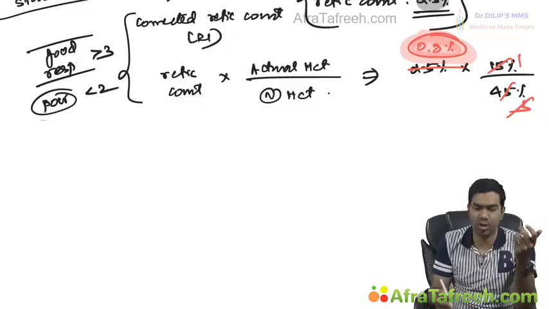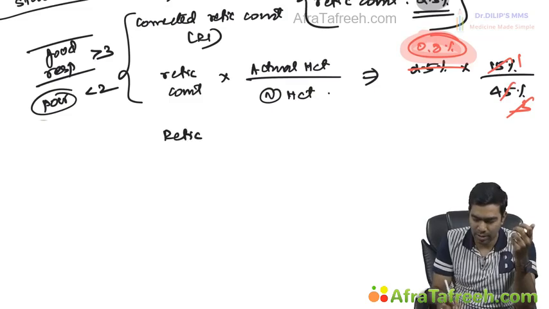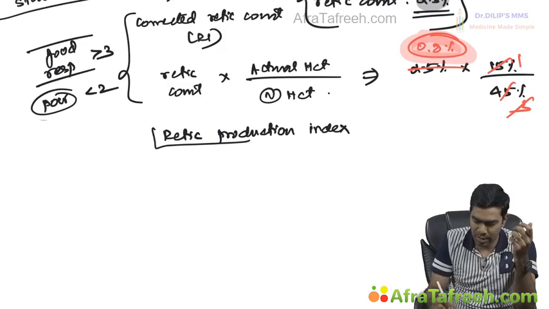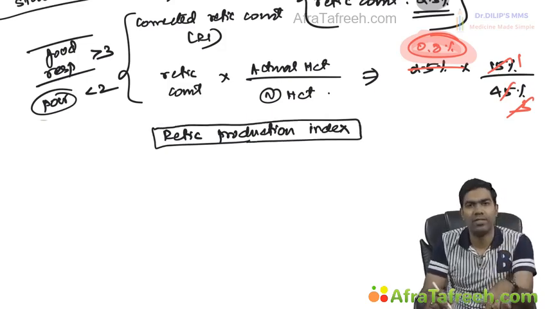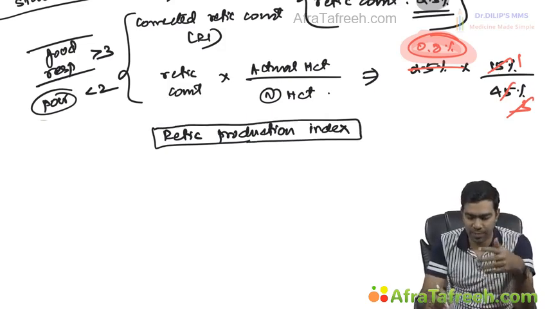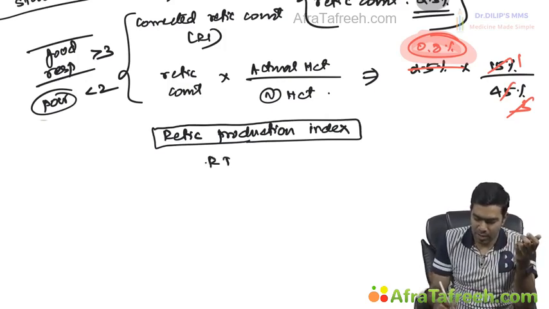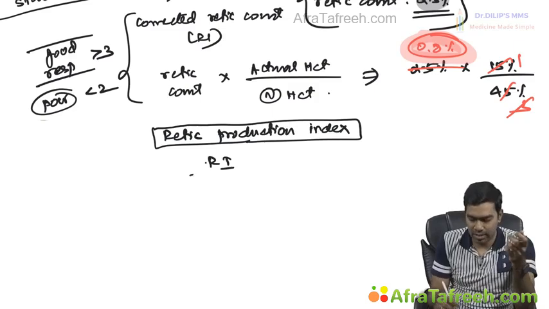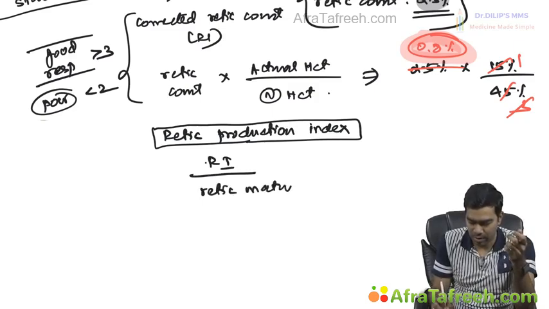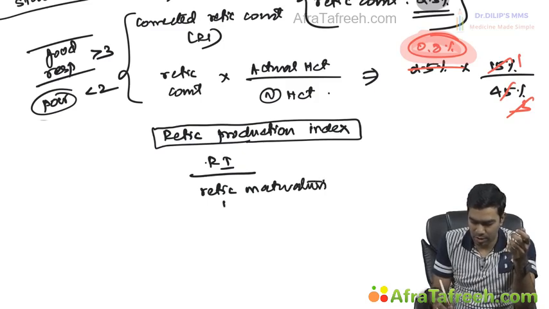The next thing is something called the reticulocyte production index. What do you mean by reticulocyte production index? It's very simple. You take the corrected reticulocyte count, that is the reticulocyte index, divided by the reticulocyte maturation time in days.